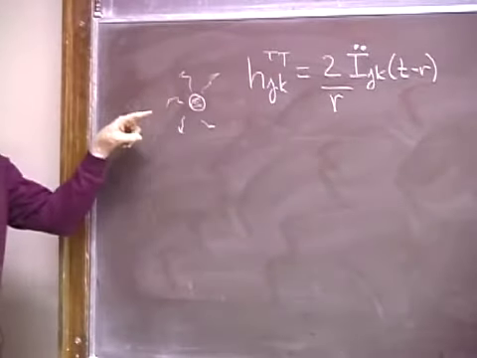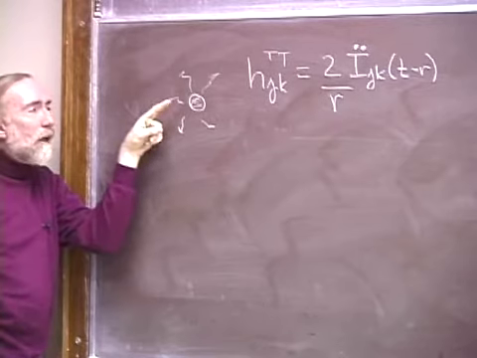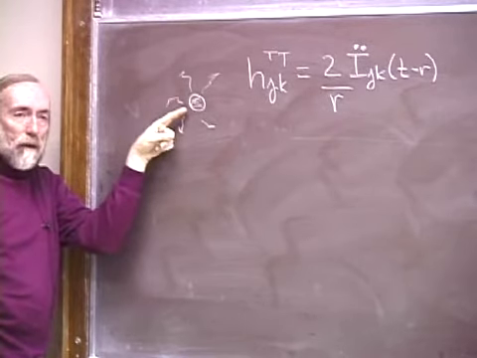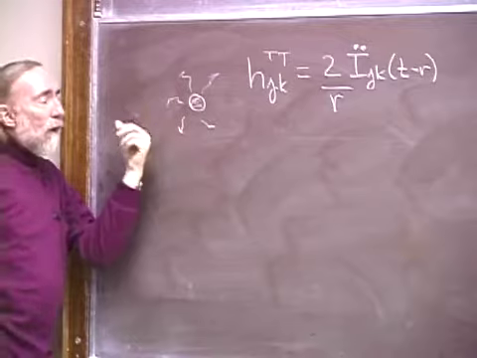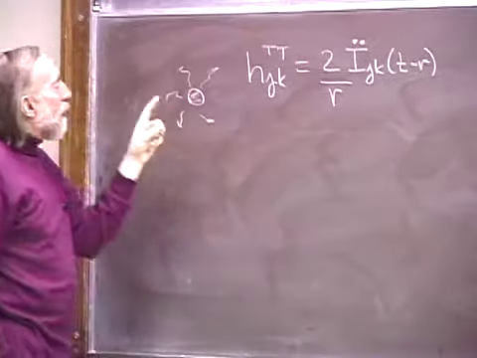So this is the formula that we derived before in the quadrupole moment approximation for the waves emitted by a single neutron star.